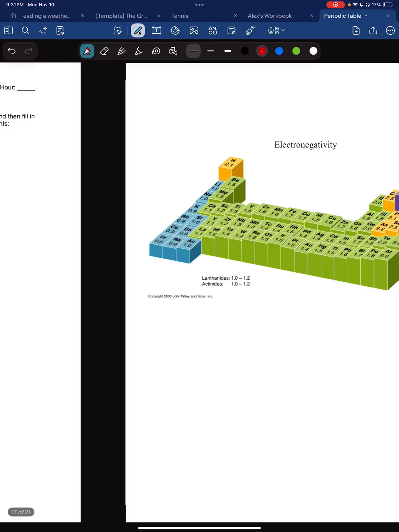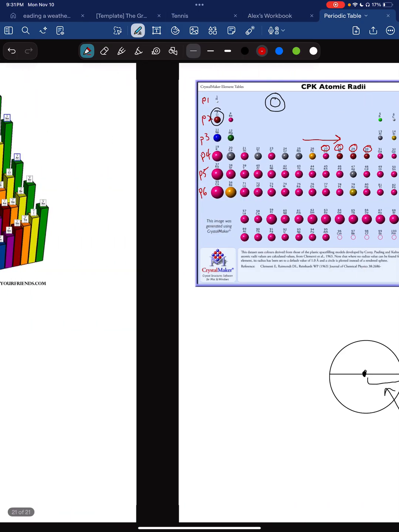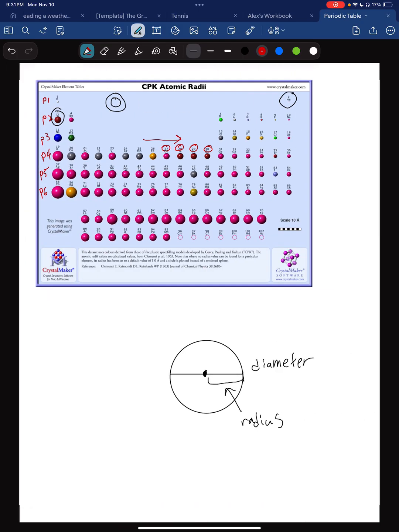If we go to our packet and flip all the way to the very back, this shows our obvious trend. If we're going from the right side to the left side and from the top to the bottom, the overall trend from helium all the way to cesium is that from the top right to the bottom left, it is increasing.